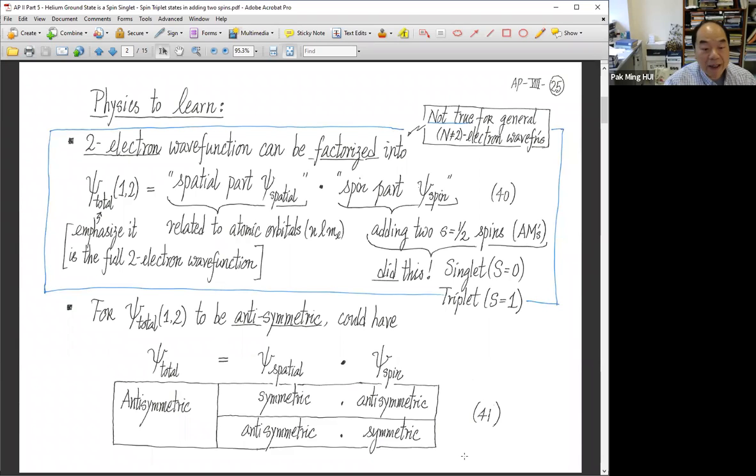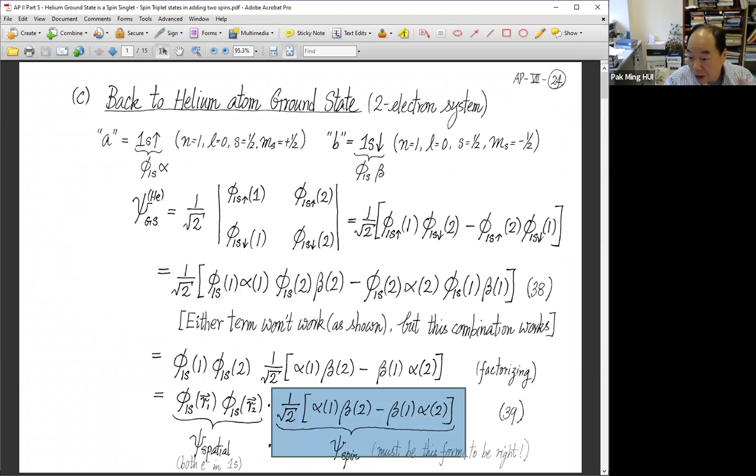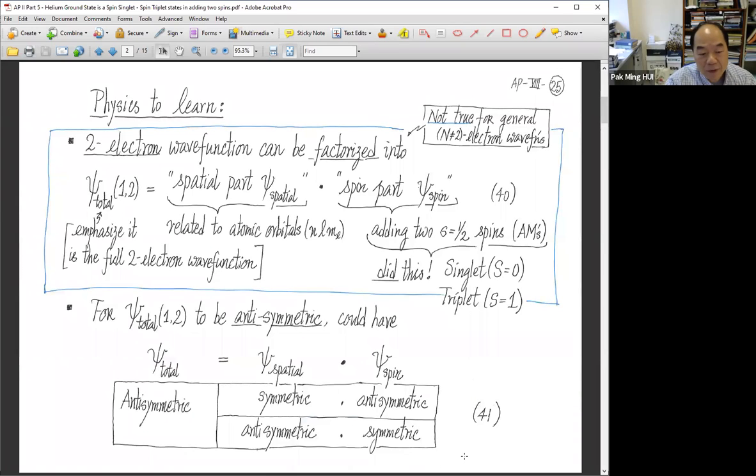So I already mentioned everything on this page. What we learned in this, just write it down explicitly. We see that the 2 electron wave function can be factorized into a spatial part and a spin part. Then it gives us more possibilities. In the ground state, this must be symmetric, this is antisymmetric.